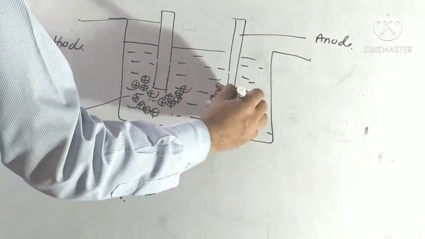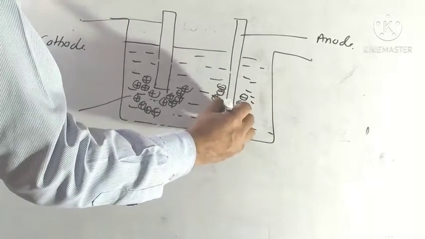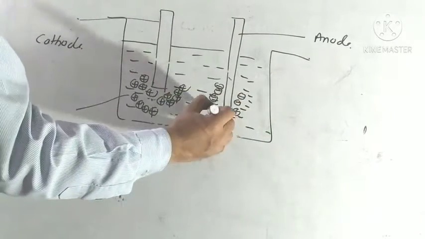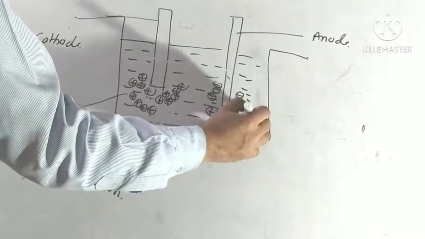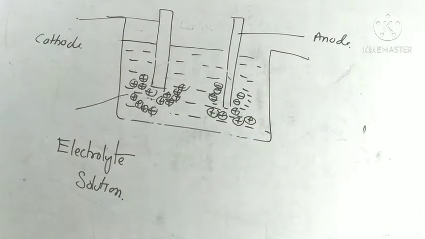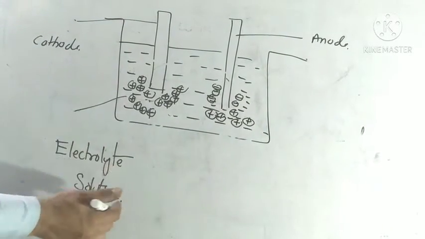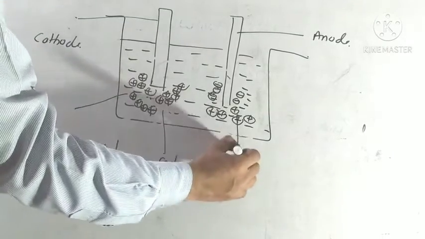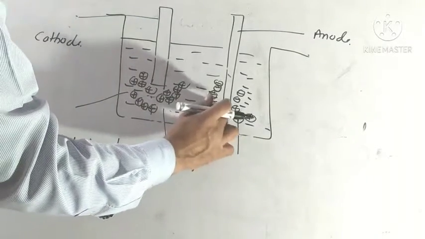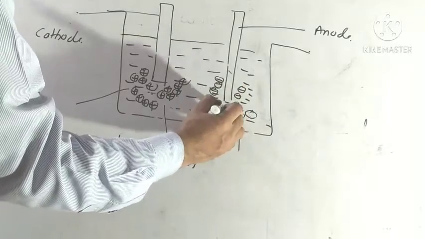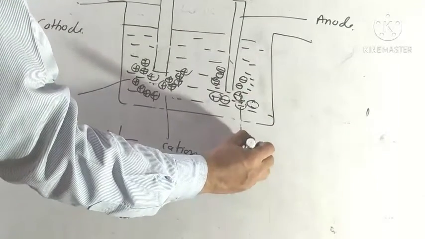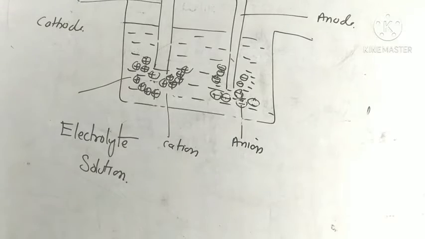Negative ions are attracted towards the anode and are called anions.